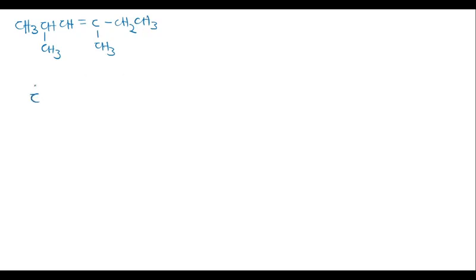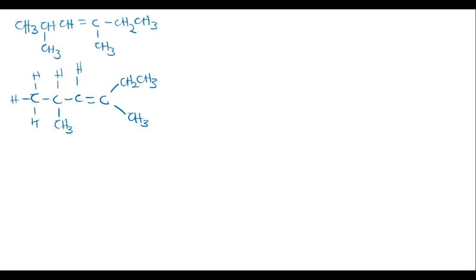We have CH3, that is this over here. Then we have carbon with hydrogen and then CH3. Then we have this carbon with hydrogen, and then it has a double bond with carbon, and this carbon has CH2 CH3, and then this one has CH3 over here.